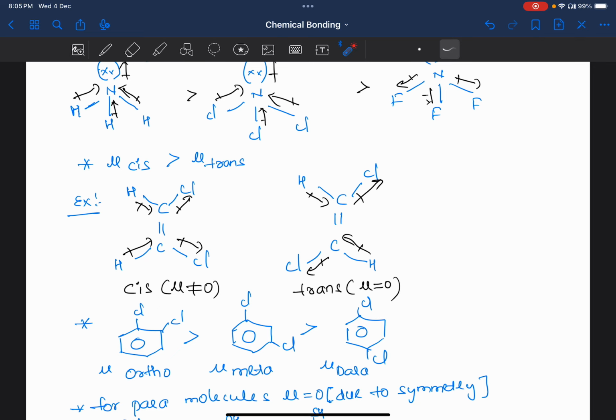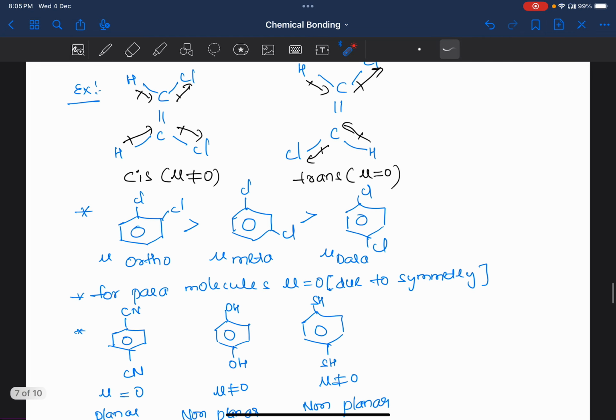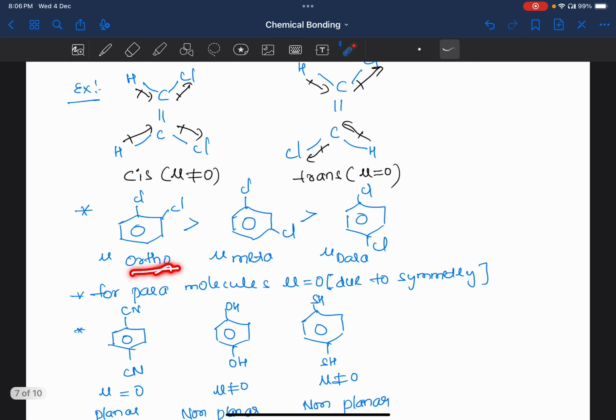Next, some more examples are there in ortho, meta and para compounds. We already know about ortho, meta and para molecules. First we see the para molecule. For the para molecule, dipole moment is always equal to 0.